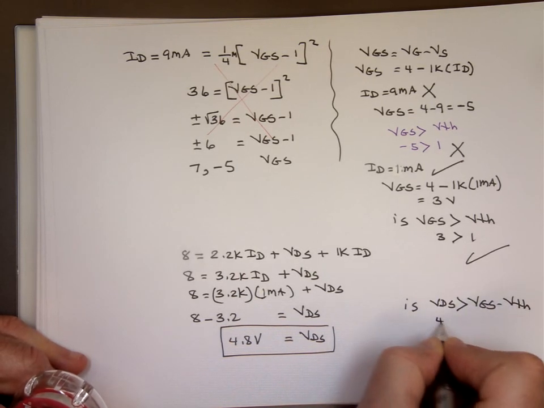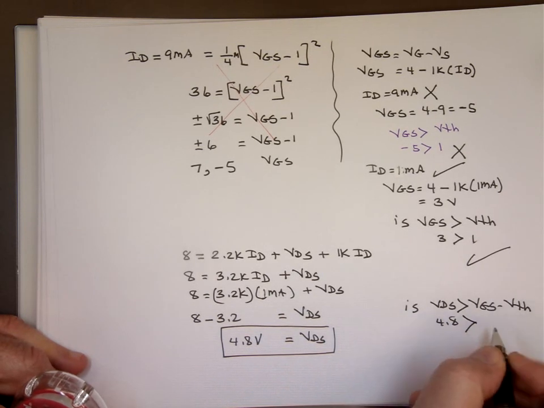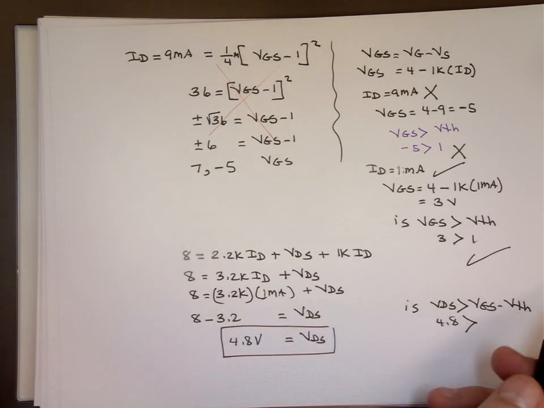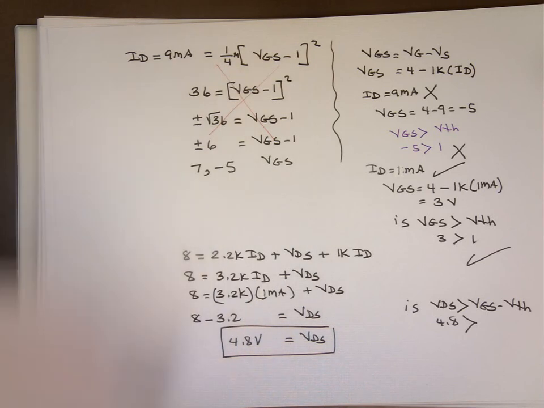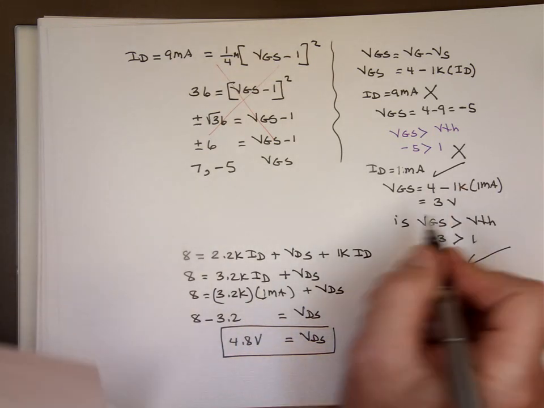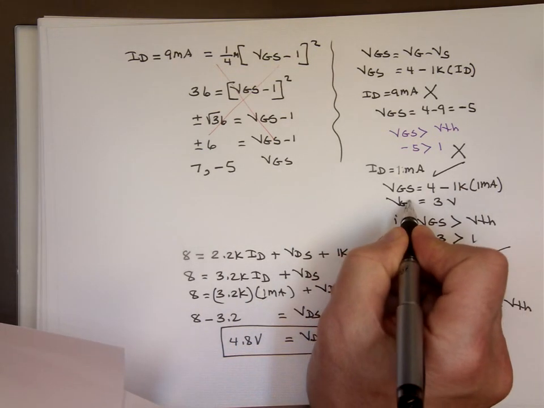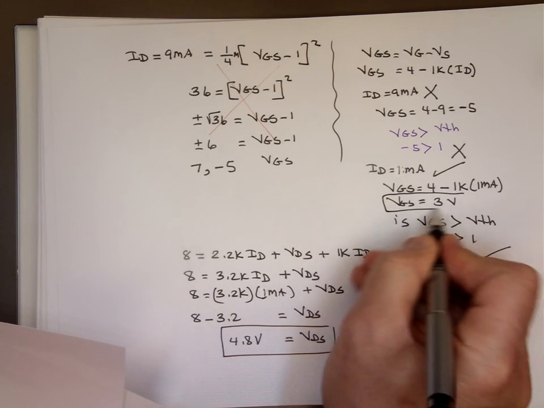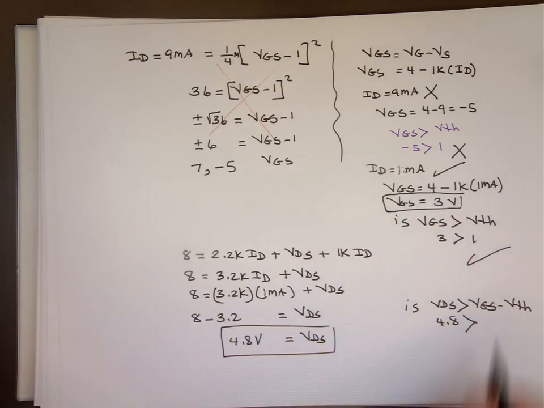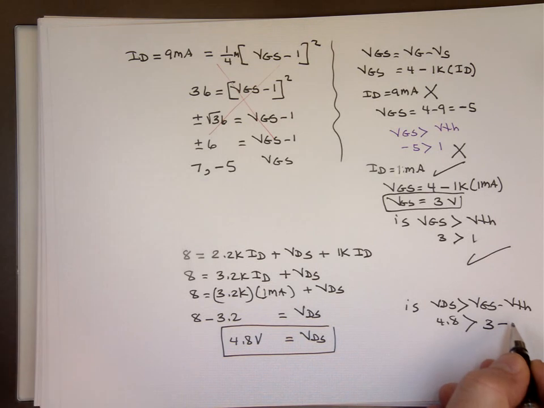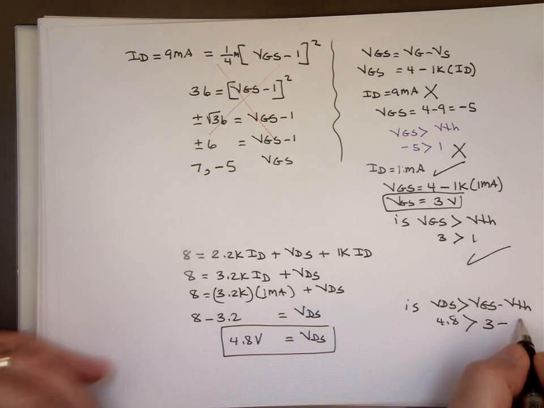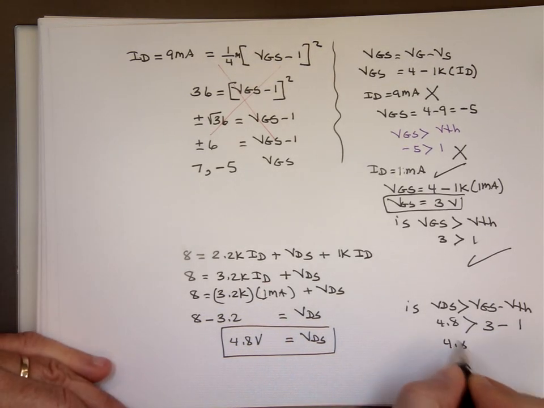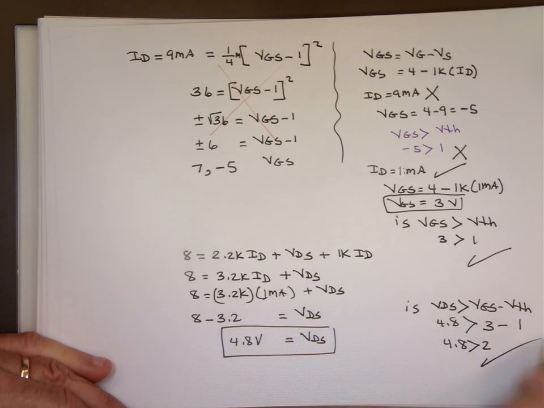Is that bigger than VGS? What was my VGS? My VGS was down here, 3 volts, minus the threshold voltage, which is 1. Is 4.8 bigger than 2? Yes, it is, and my assumption is correct.